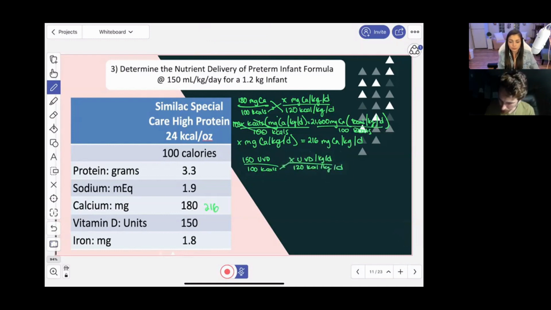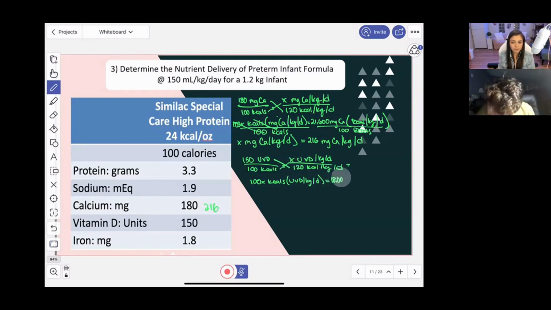So we cross multiply here to give us 100x kcals times units of vitamin D per kilogram per day equals this right here, 18,000 units of vitamin D times calories per kilogram per day. And we're going to divide each side by 100 to get that x variable by itself.